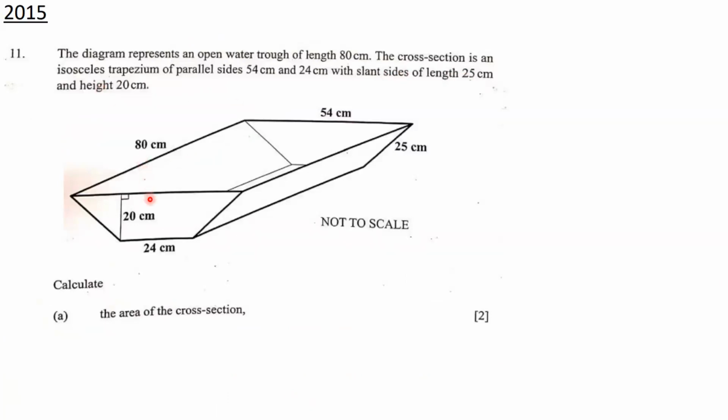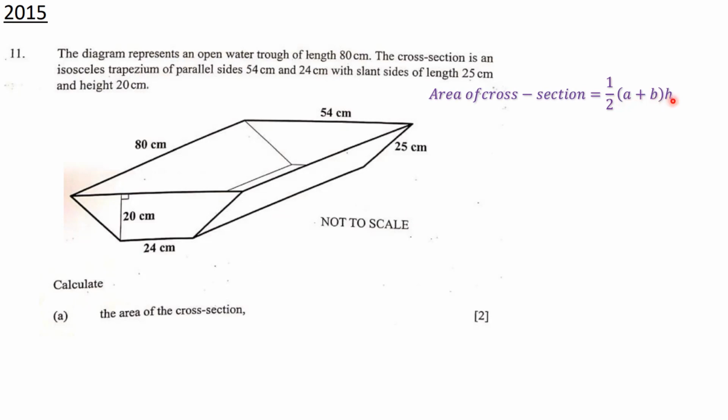If we want the area of the cross section, remember the shape we're dealing with is an isosceles trapezium. The formula for the area of a trapezium is half times (A plus B) times H.